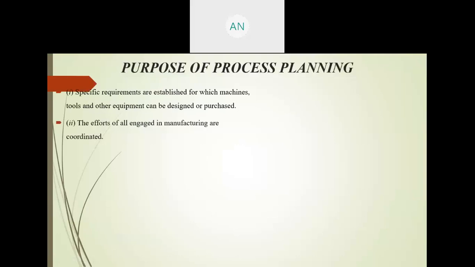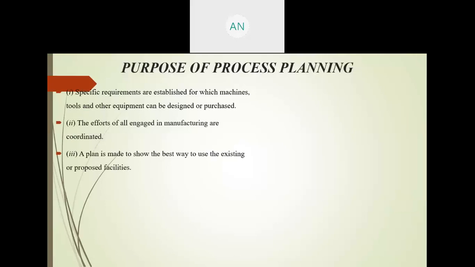The efforts of all those engaged in manufacturing are coordinated, because when you determine the need for a machine or tool, you get clarity over all the components, so each component can be easily coordinated. When you know about the use of a component, you can utilize it in an optimal way.